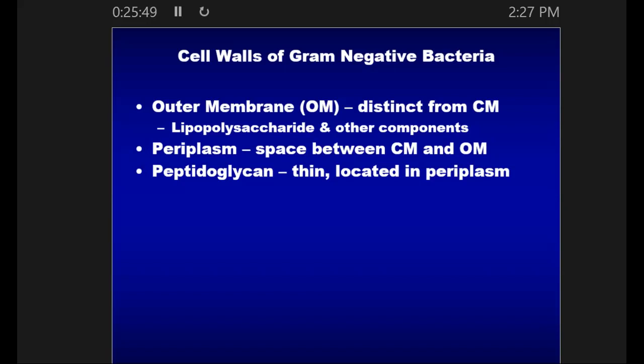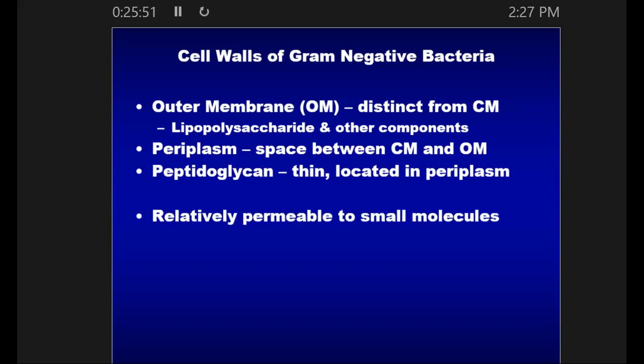And then after that, you'll hit the cell membrane. So that outer membrane, again, not very selective on what comes through it. It can omit some bigger molecules that just physically can't fit through, but it's not as picky as the cell membrane. It's not that level of semi-permeability.